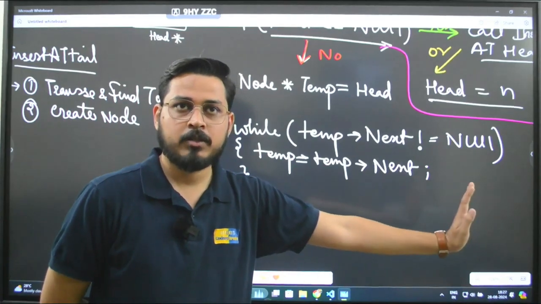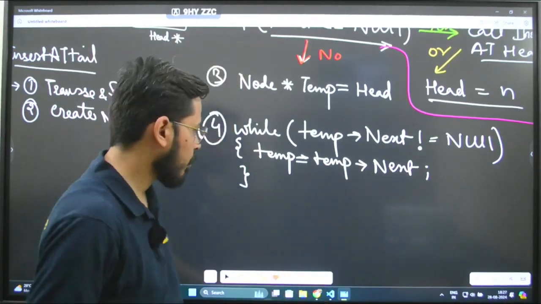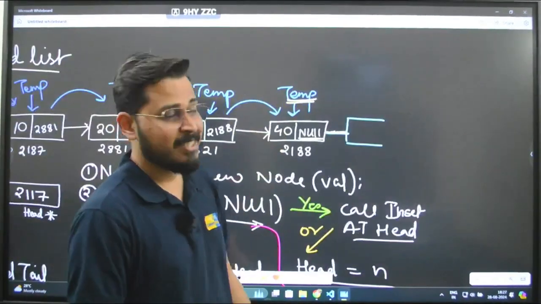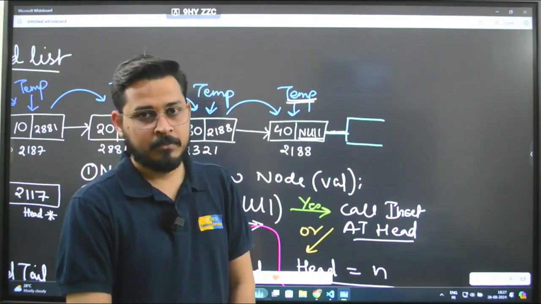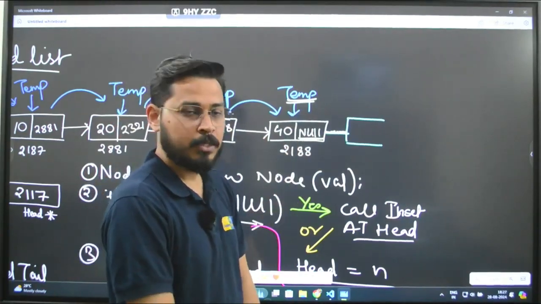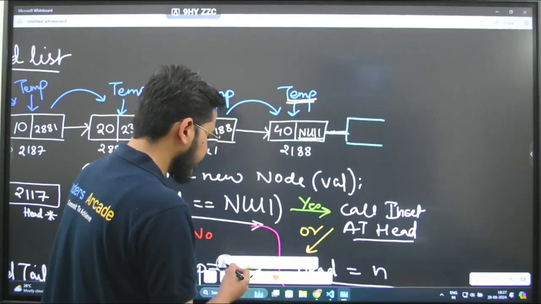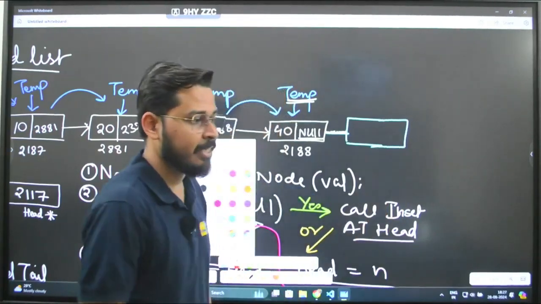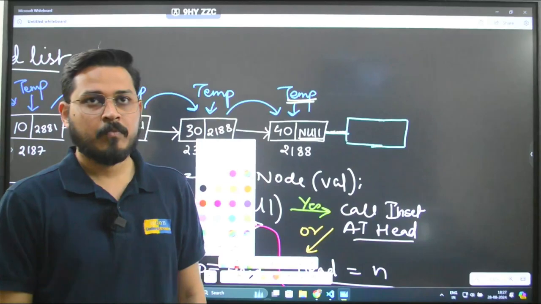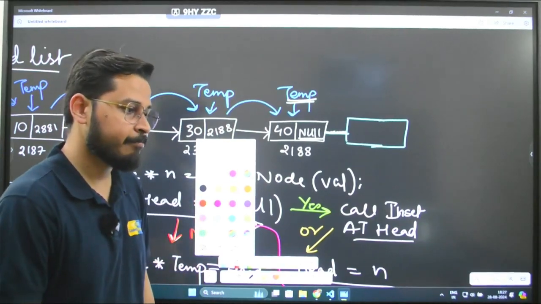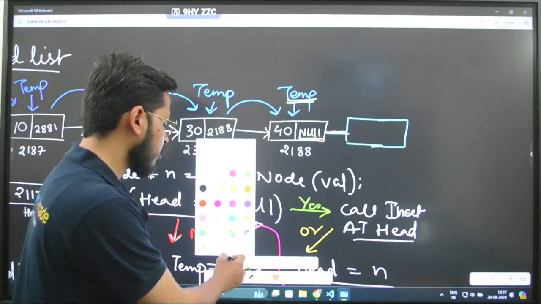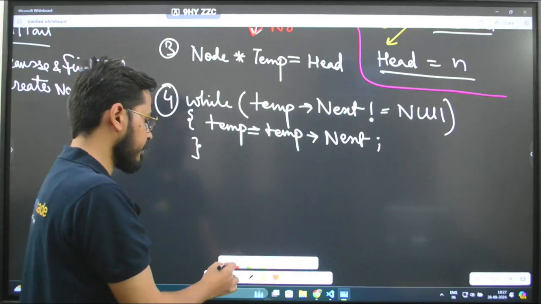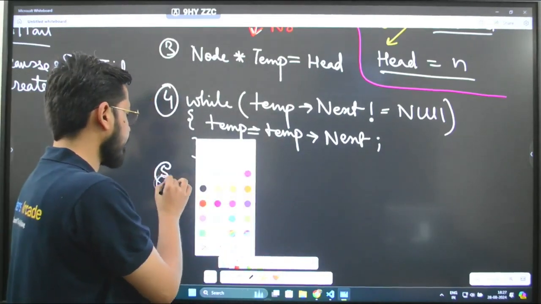You got it? Got that part, everyone? Okay. Now the temp is right now standing here, where the temp of next is null. Our node was already created, and when our node was already created, what I need to do, step number 5?